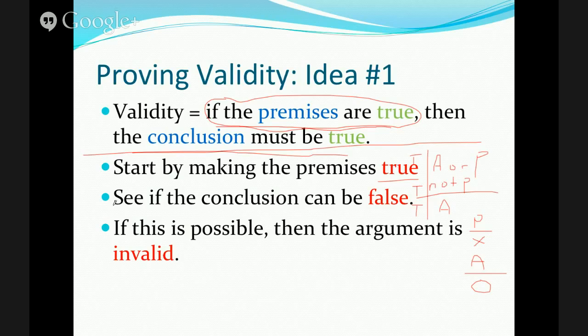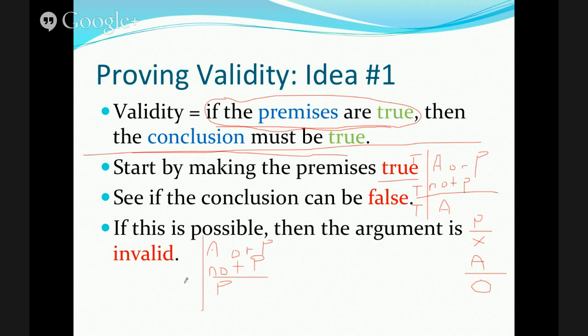So to give another example, let's say I said this. Start with the same A or P. I will either eat an apple or pizza. I will not eat pizza. Therefore, I will eat pizza.